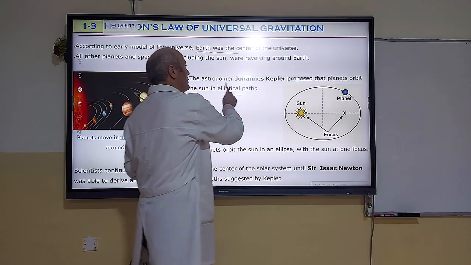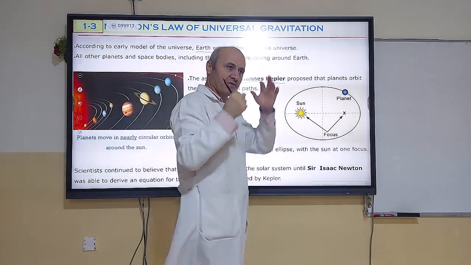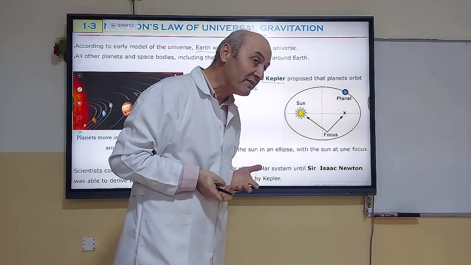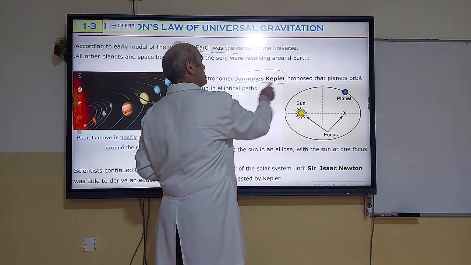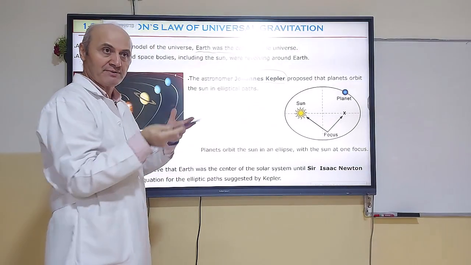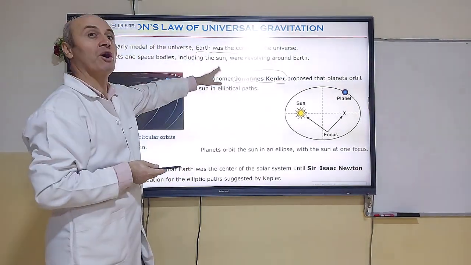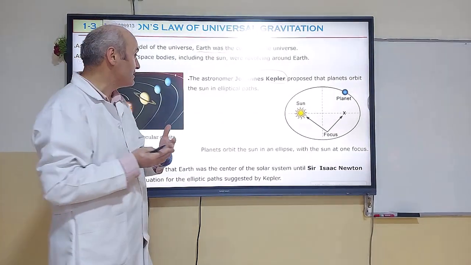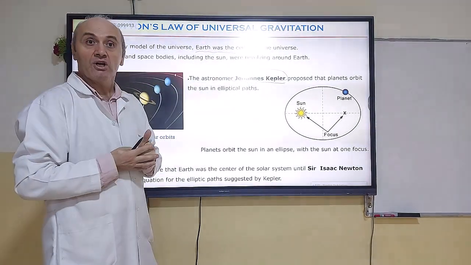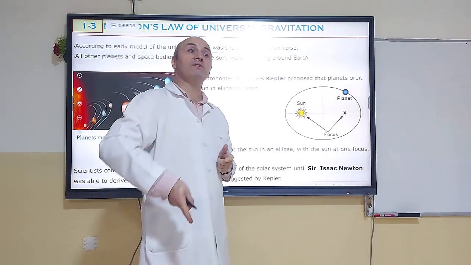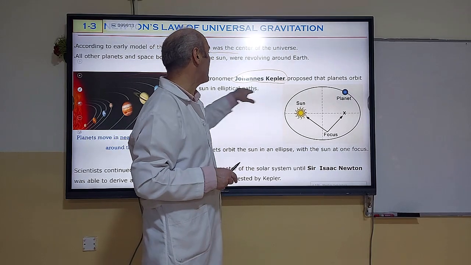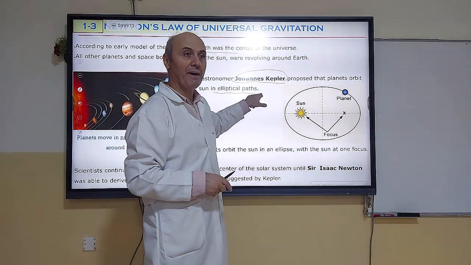Until the discovery of the telescope, they made some observations and then got the data. This is not correct. One of the scientists, an astronomer who made a proposal that this is not correct, Johannes Kepler, said that after the observation he realized that this is not fact. The planets, including the Earth, revolve around the Sun. So planets are revolving around the Sun in elliptical paths.